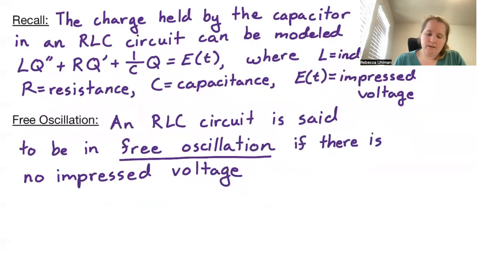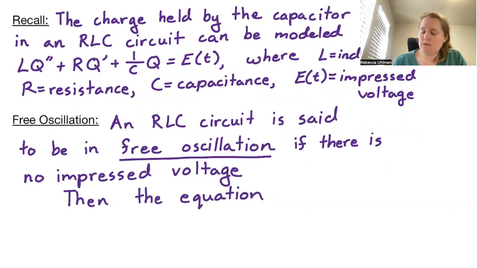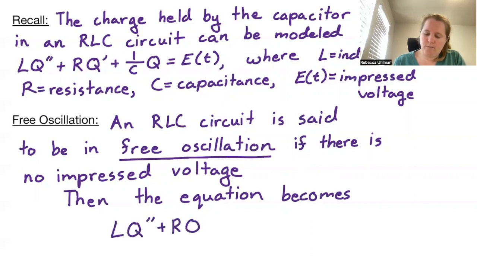So in this case, the equation winds up being homogeneous, and the equation becomes L Q double prime plus R Q prime plus 1 over C Q is equal to 0.